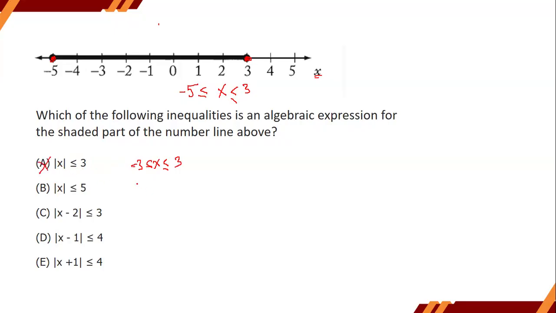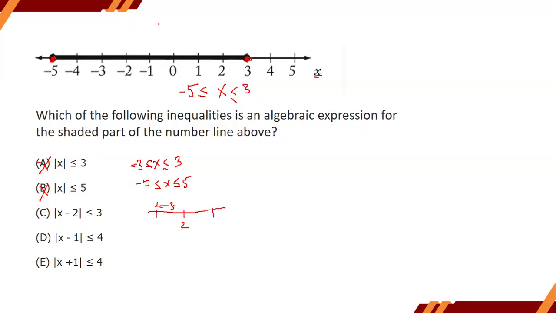Now, in this case, the distance of x from 0 is from -5 to +5. Again, we need 3 only, right? So definitely this is again not the correct answer. All right, so here it means the distance of x from 2 on the number line is less than or equal to 3 units, right?